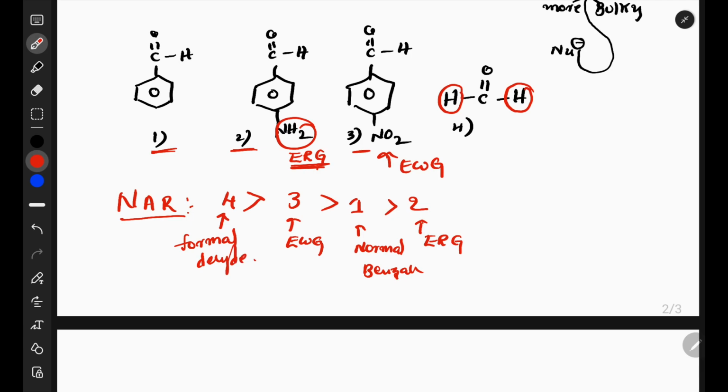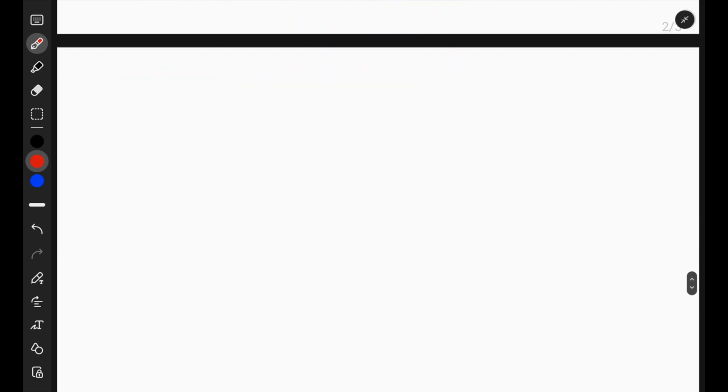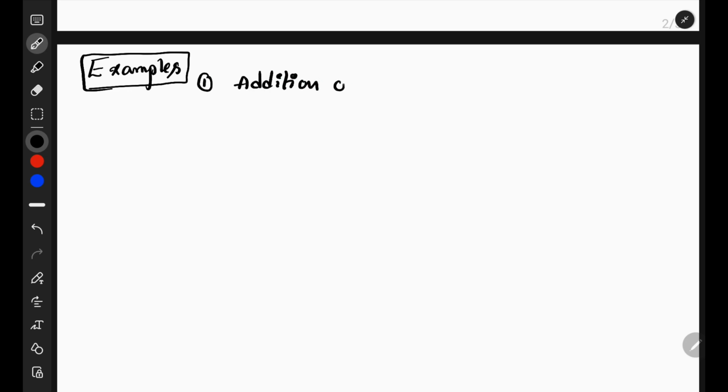So let me discuss one example of the nucleophilic addition reactions. The example is the addition of HCN. What is HCN?